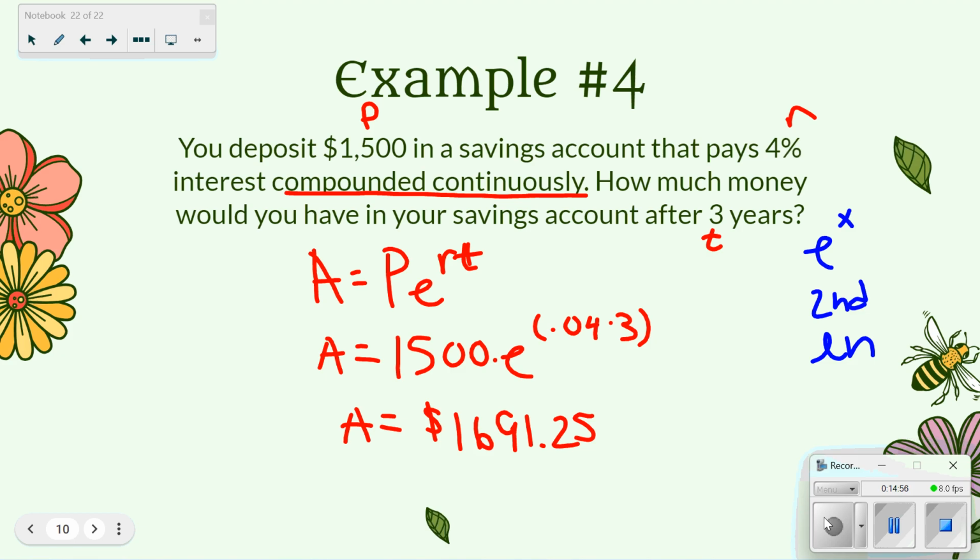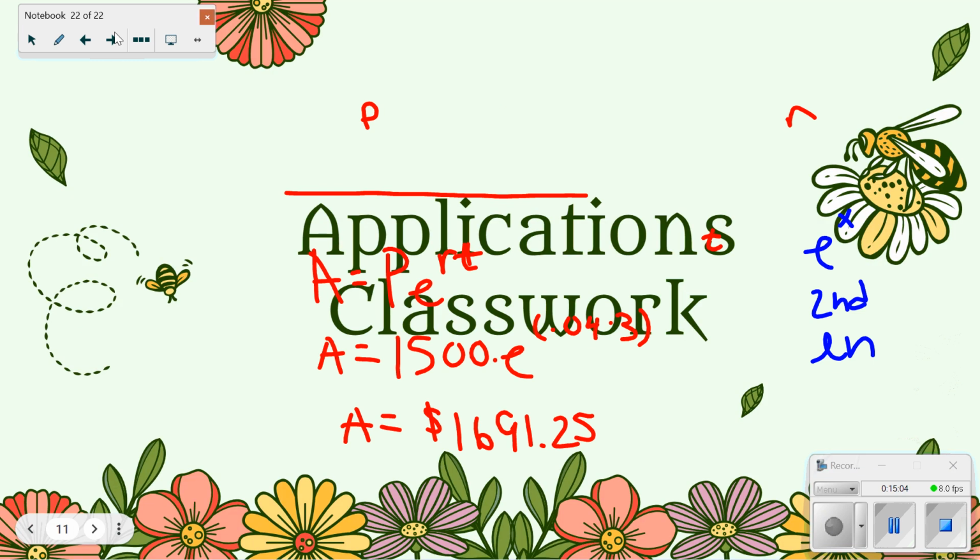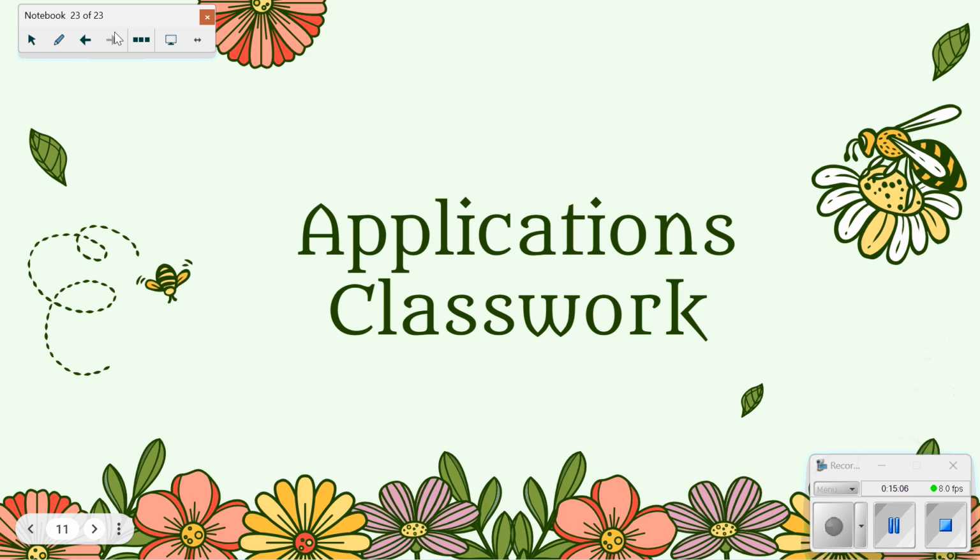Alright, you guys, that wraps up our lesson examples for today. So what you're doing from here is that applications classwork. You'll grab a copy of it from the sub when you're ready, and you'll check the key on Schoology. You're welcome to work with people at your table.